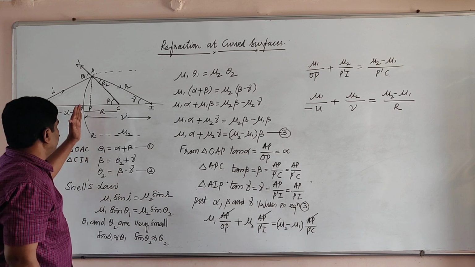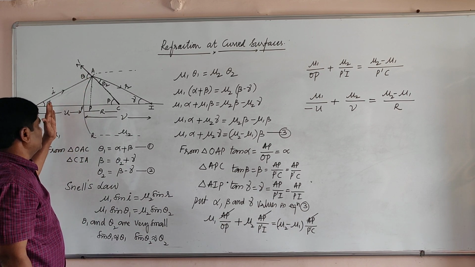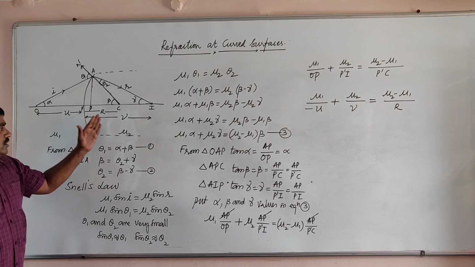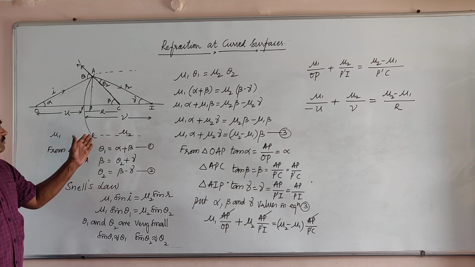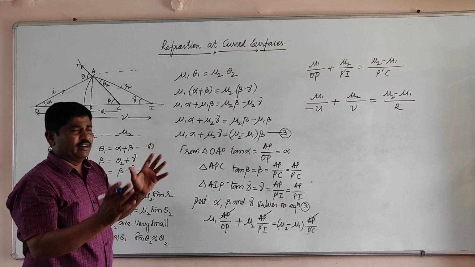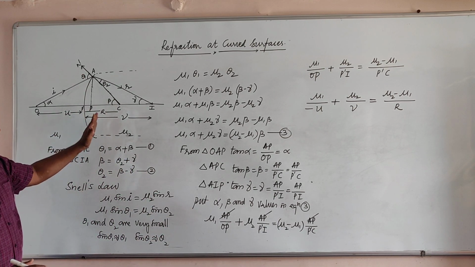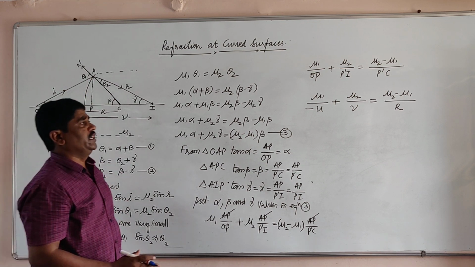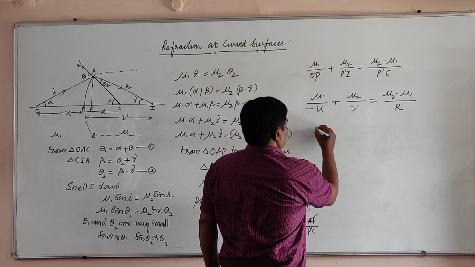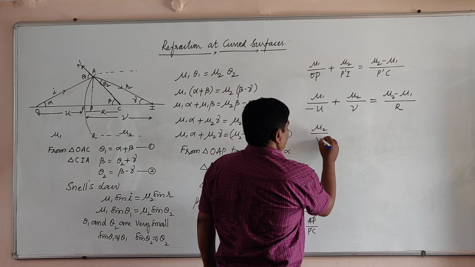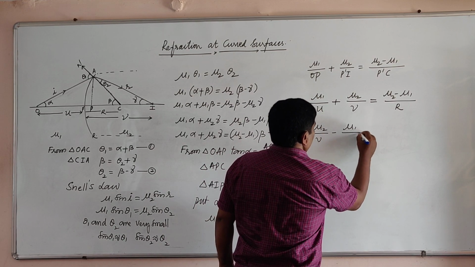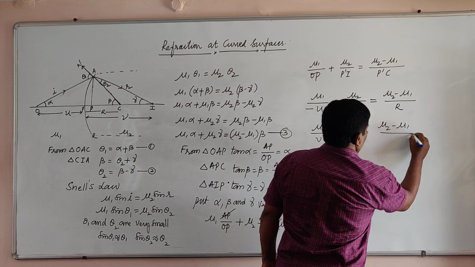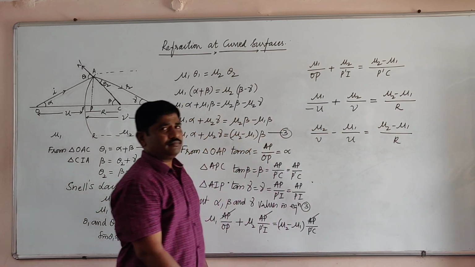So this radius of curvature divides the two media, where mu1 is the rarer medium and mu2 is the denser medium, and it divides the curved surface into two parts, where the light ray appears to refract. Now for convenience you can write mu2 by V minus mu1 by U is equal to mu2 minus mu1 by R.